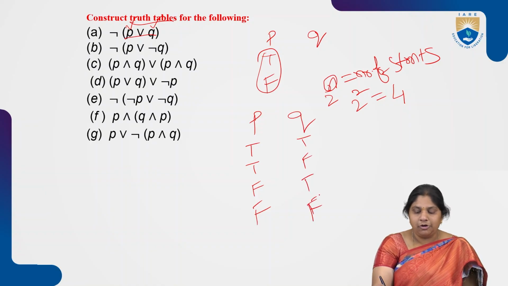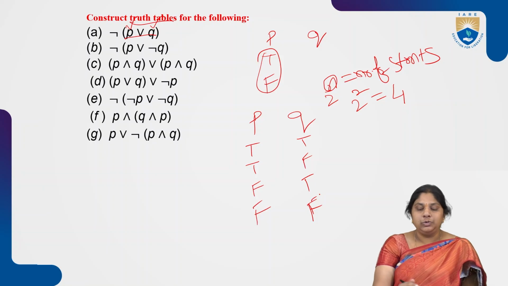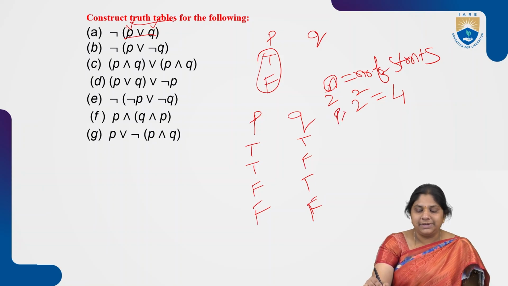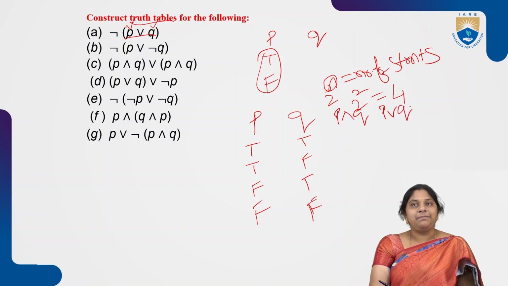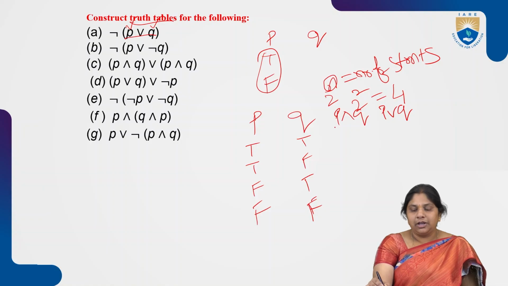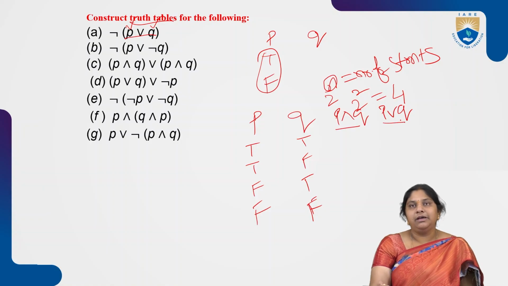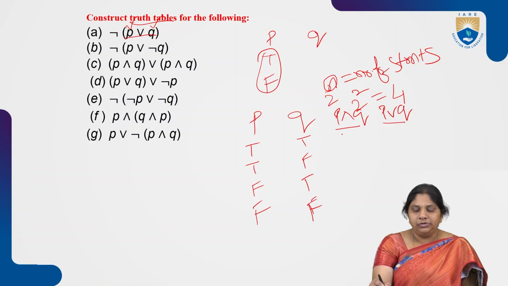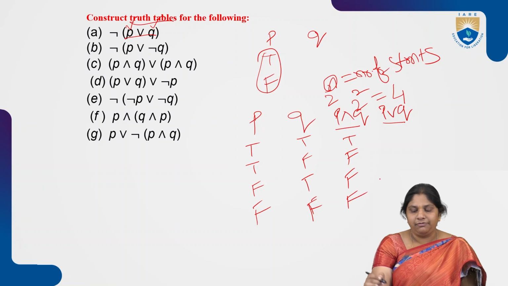So what are the possible combinations for these P and Q statements? P and Q, P or Q, like that. We can generate many compound statements. Based on the rules of these statements and notations, we can get the truth value. Suppose P and Q are both true, only then it is true; all other conditions give false.